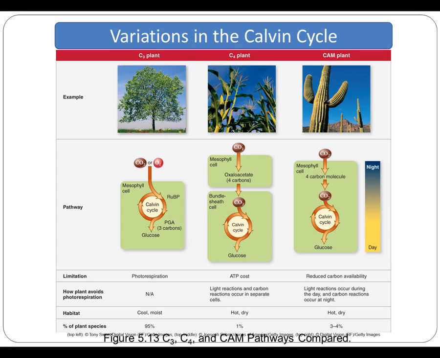Also in that table, I have a note about what's unique about this particular pathway. And what's unique about it, you can see here listed as a limitation, is this concept called photorespiration. Photo, P-H-O-T-O, respiration, R-E-S-P-I-R-A-T-I-O-N. Photorespiration.